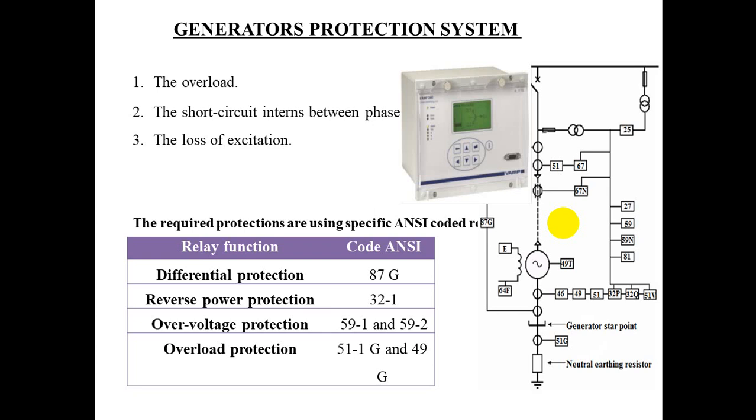Protection against stator overheating. Overloading can cause overheating in the stator winding of the generator. Not only overloading, but failure of the cooling system and insulation failure of the stator laminations also cause overheating of the stator winding.